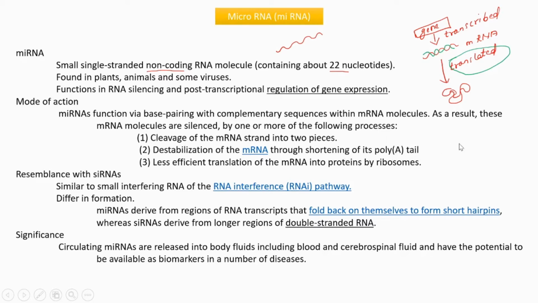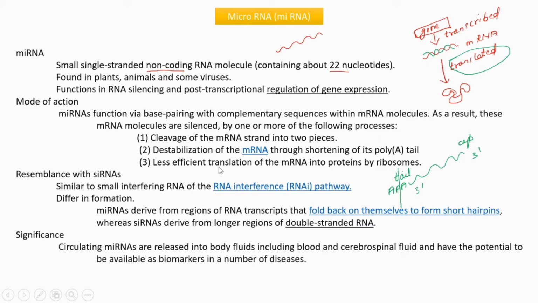We know that in the 5' end a cap is there, and in the 3' end a polyadenosine tail is there. By these two, an mRNA is protected. By shortening this tail, it destabilizes the mRNA.